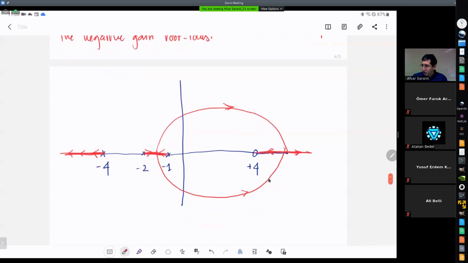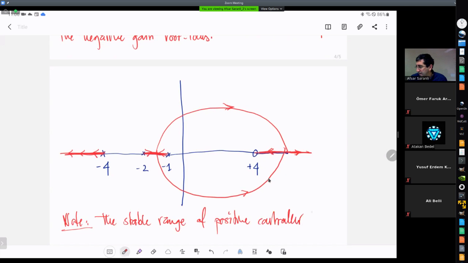Okay, so note, the stable range of positive controller gain K is much reduced.